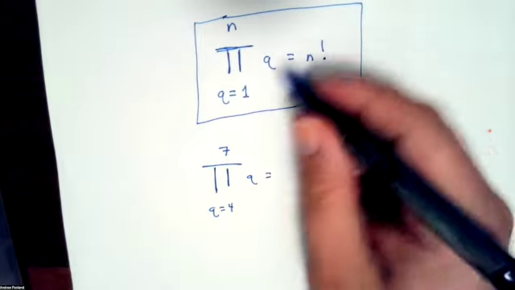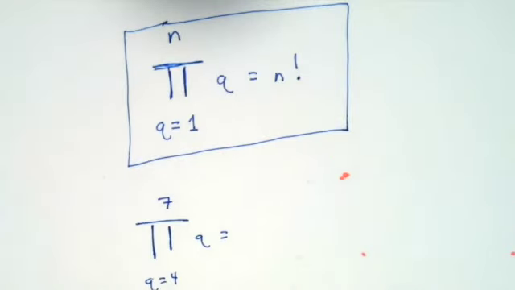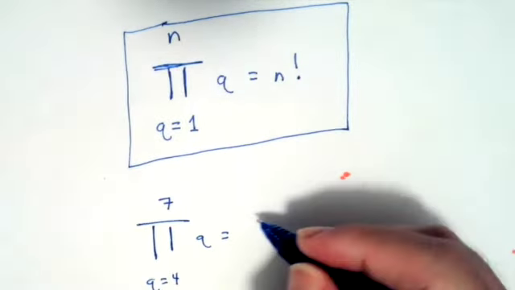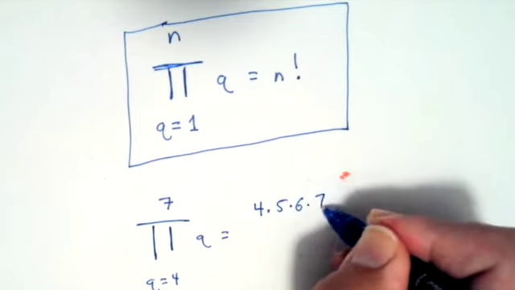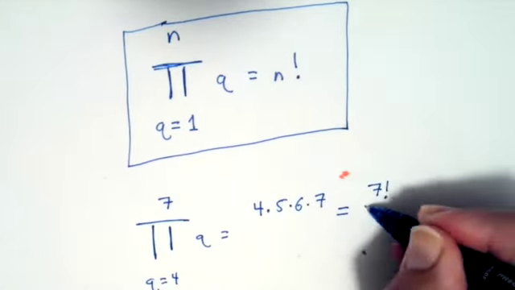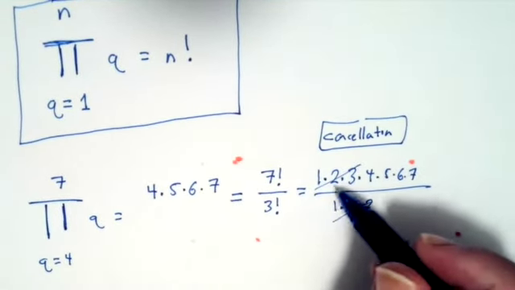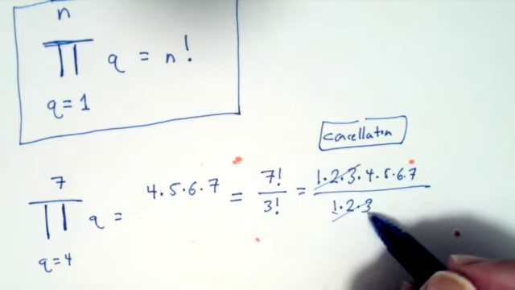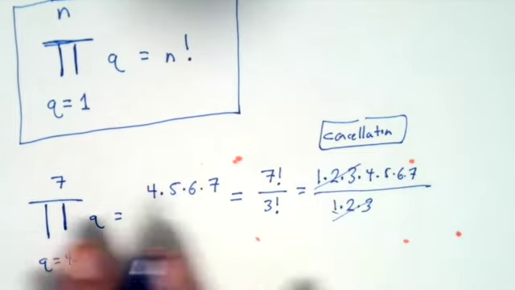Is there a way to write this as a single factorial or as a ratio of factorials or anything I can do? So it's going to be 4 times 5 times 6 times 7. And I can put 1 times 2 times 3 on the bottom, and that's 3 factorial. Cancel those out, and these are all equivalent expressions.